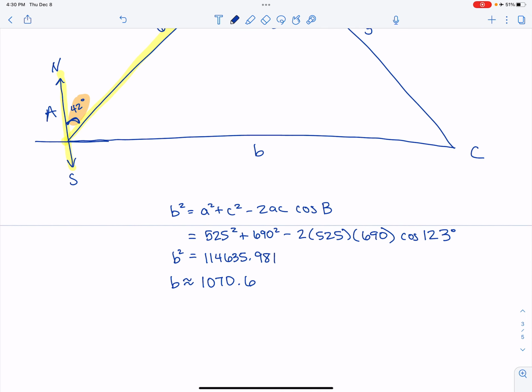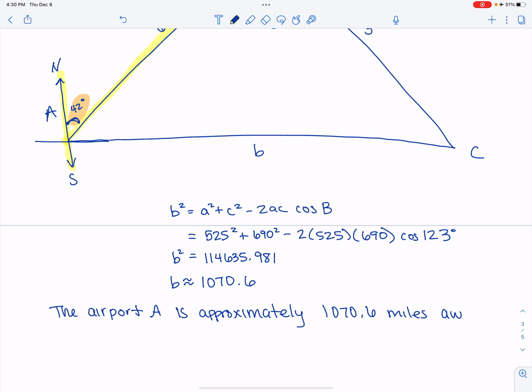So airport A is approximately 1070.6 miles away from airport C. And that is the end of 8.3.